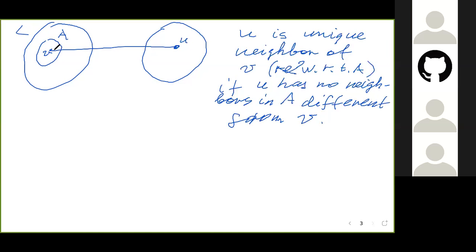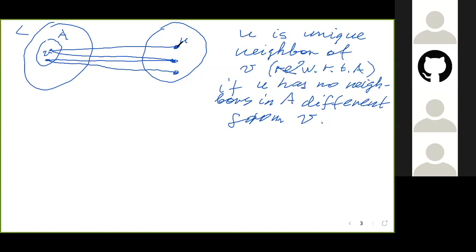And here is an example. Assume, say, that the picture is like that. Then this U is a unique neighbor. So A has two nodes, this one and this one. Say this node has another neighbor somewhere here.